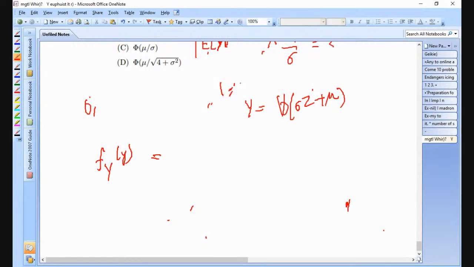This is a Jacobian for one variable. How does the Jacobian for one variable work? Do you know the Jacobian of two variables? Now convert it to one variable, 1 cross 1. What will it be?